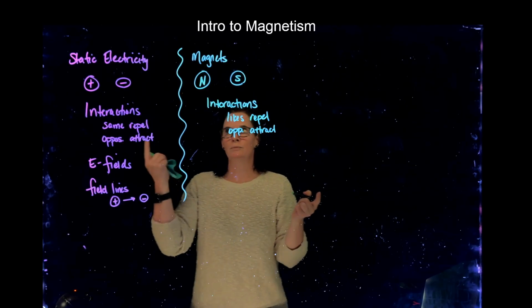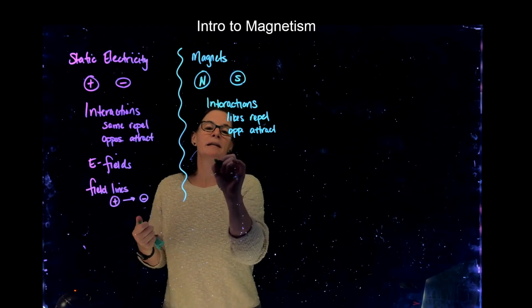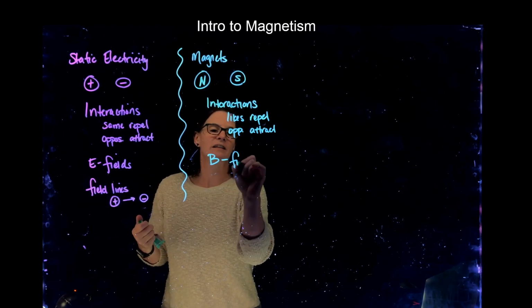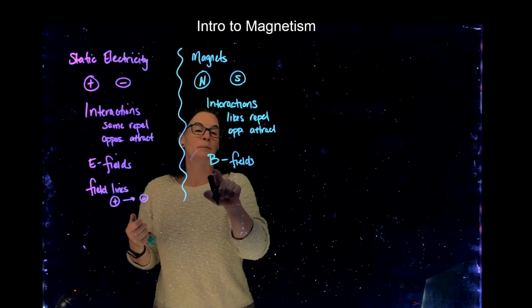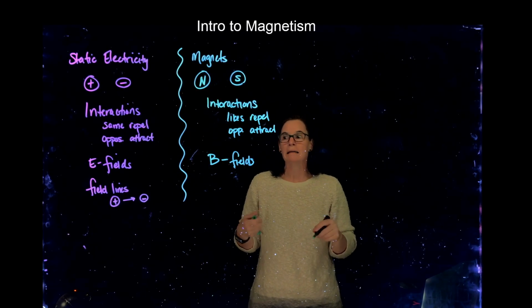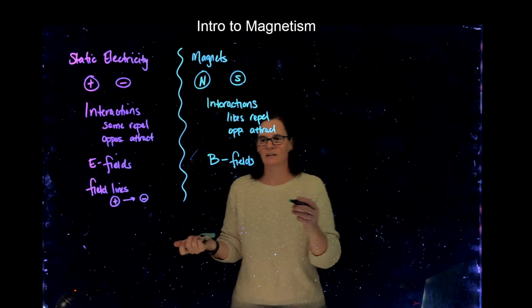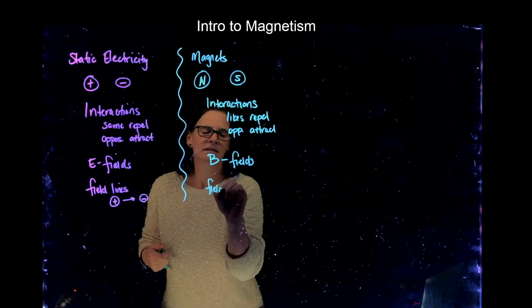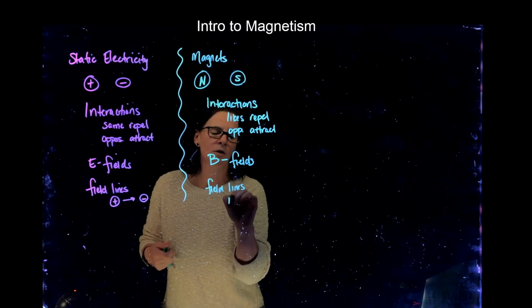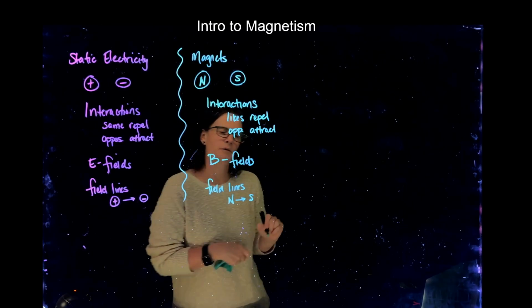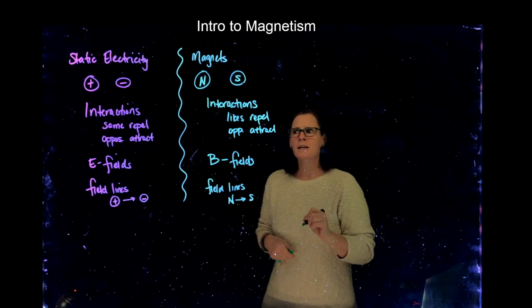Similar to electric fields, magnets produce magnetic fields. And we use the letter B to talk about a magnetic field. And similar to electric fields, the field lines go from north to south. Okay, so some parallels there.